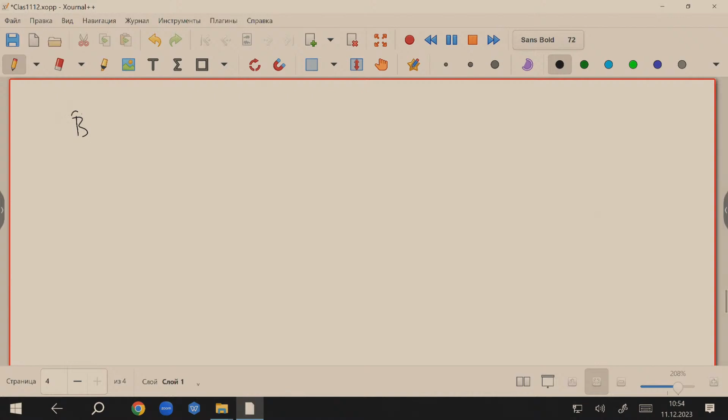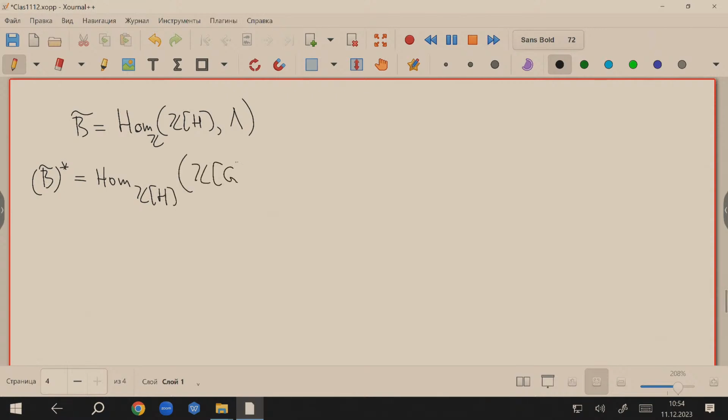So if you took B tilde as just hom, let us recall that B tilde is hom from ZH to lambda. This is just a base change. So we are looking at B tilde star. This is hom from ZH, ZG, hom to B tilde.